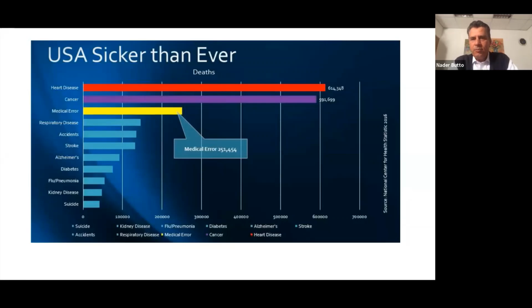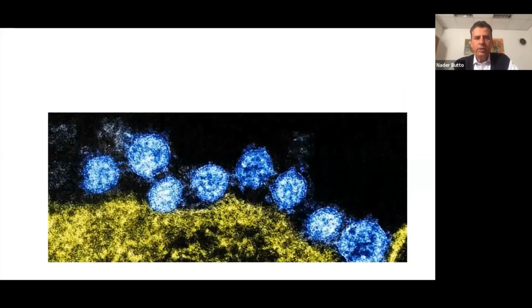From cancer, more or less the same quantity. And interestingly, medical error is the third leading cause of death, and it's much more than what coronavirus is making or could make with this mortality. So nobody makes any prevention against all these deaths that we have here, and we are exaggerating in the measures to deal with the problem.